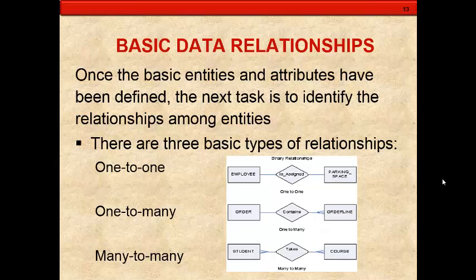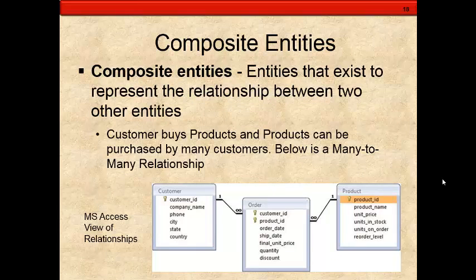Now, a many-to-many is a relationship between 2 entities in that you can have more than one relationship between the 2. But the thing is that a relational data model, which is used in many data management systems, including Microsoft Access, can't handle those many-to-many relationships directly. So this is where that composite entity comes into play.